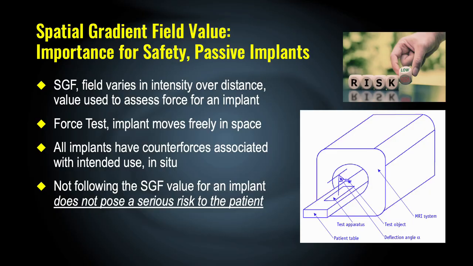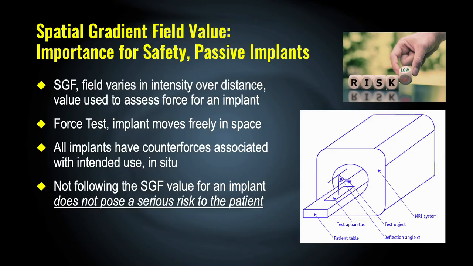This test involves attaching the implant by a lightweight string to an inverted protractor, allowing it to move freely in space. The test apparatus is then positioned at the point of the highest patient-accessible spatial gradient field of the MR system, since this is the worst-case position of greatest attractive force that the patient with the implant will pass through when entering the bore of the scanner.